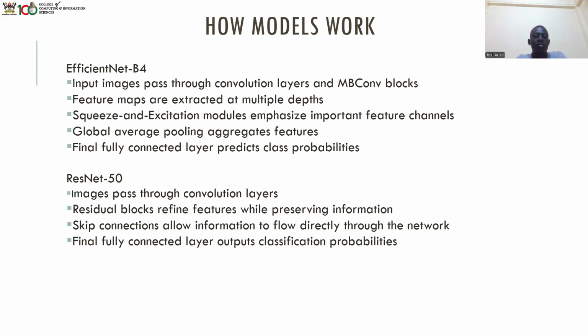As you see there, all of them follow the same pipeline, where you input images through those layers. Features are extracted at multiple layers or depths. For particularly the EfficientNet B4, the squeeze and excitation modules emphasize the important feature channels. Then the global average pooling aggregates the features. Then finally, the fully connected layer predicts the class probabilities.